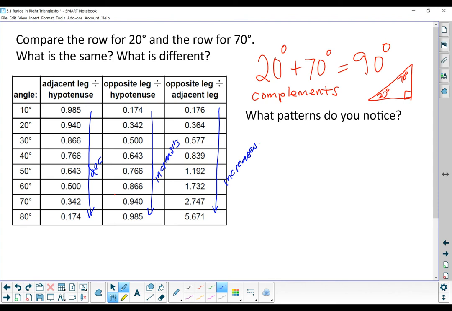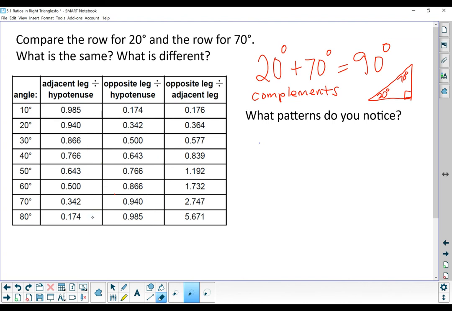You may have also noticed that this last column is the only column that has any values that are more than 1. Everything in the first two columns is a number less than 1, or to be more specific, between 0 and 1. But over here, we start to see some values that are greater than 1.